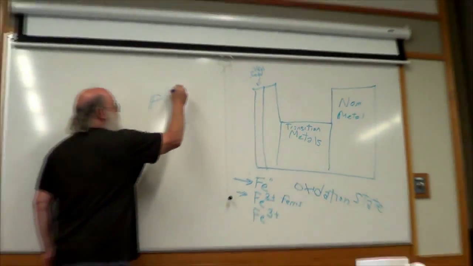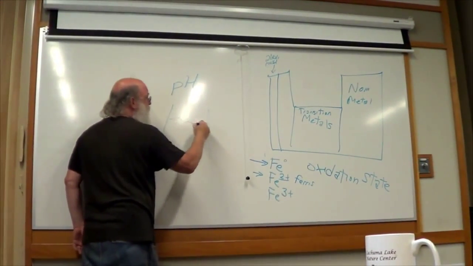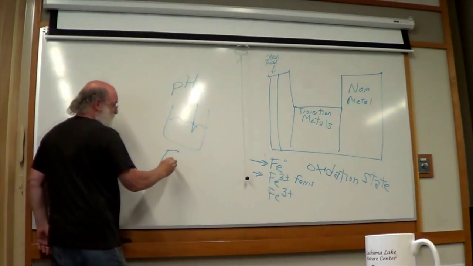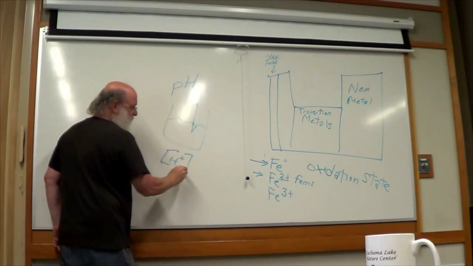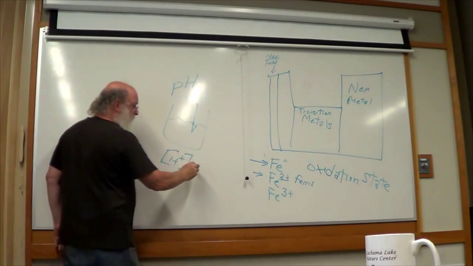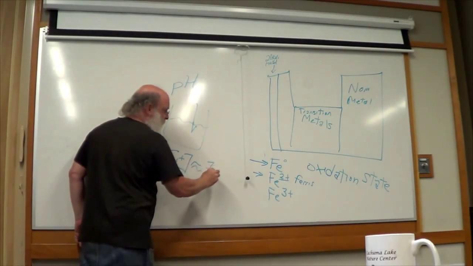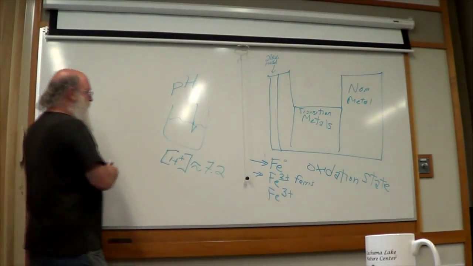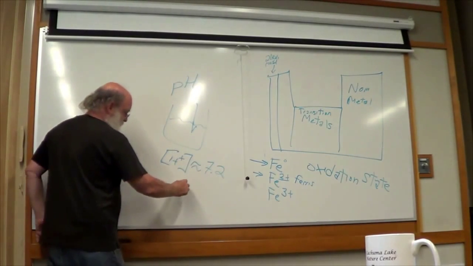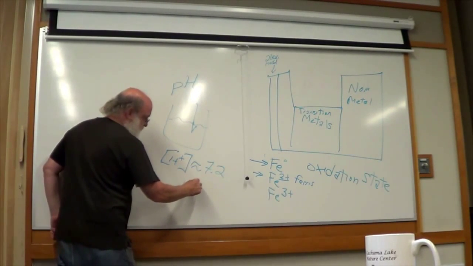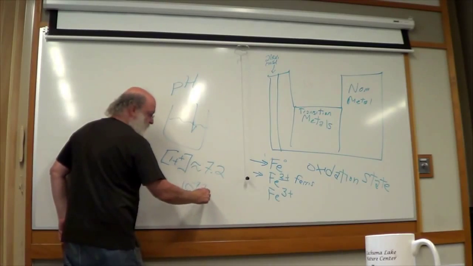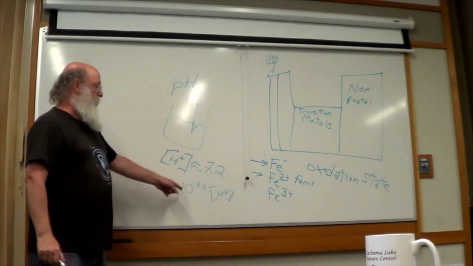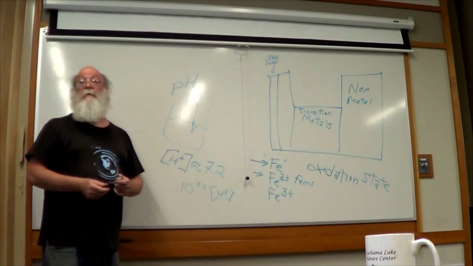What we're talking about is the concept of pH, that if you have a beaker of water and you put an electrode in it, you get to measure the hydrogen ion concentration. That's an H+, and that's approximately equal to 7.2 in biological systems. And so when you have that sort of thing, that means that it's 10 to the minus 7.2 in hydrogen ion concentration, which means that 1 hydrogen ion in a million.